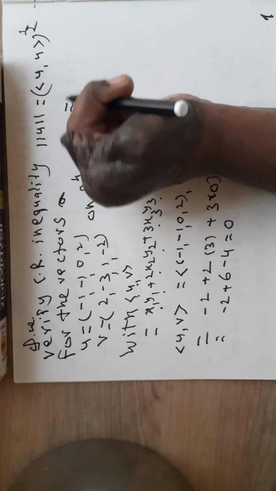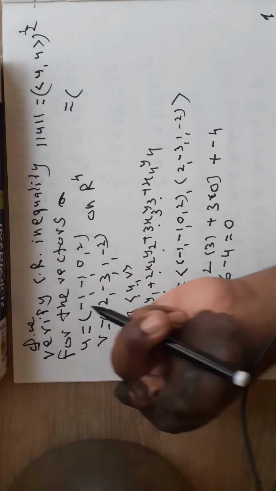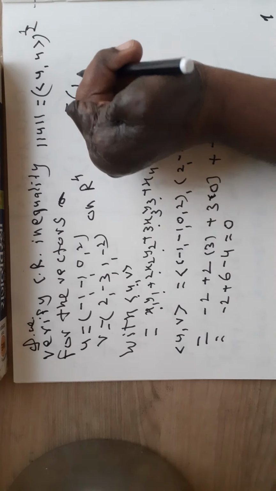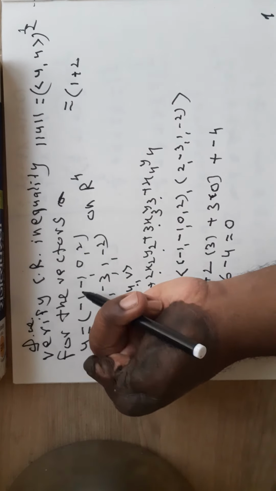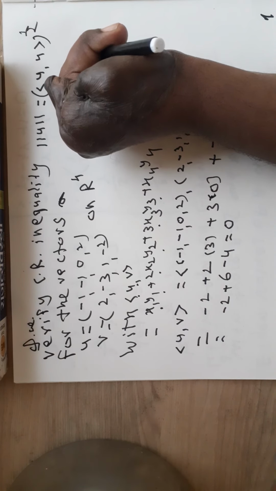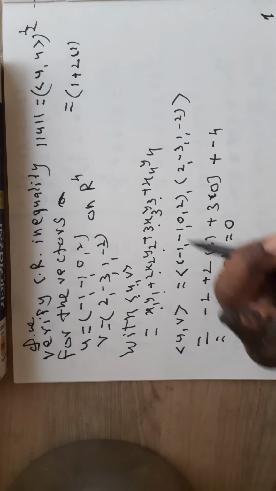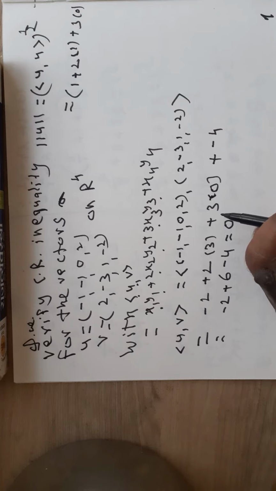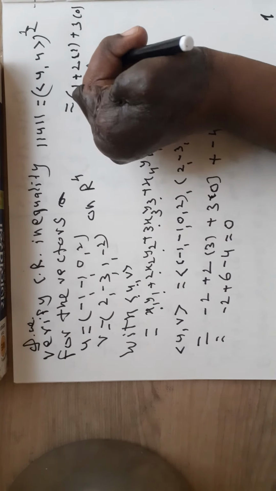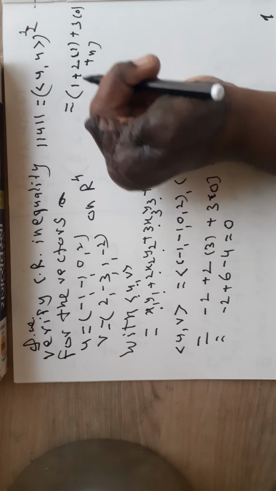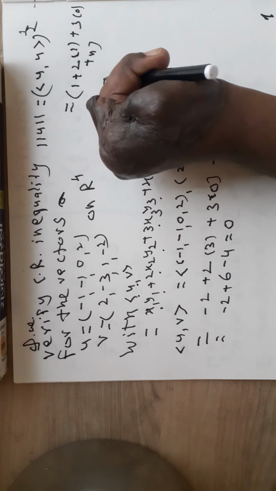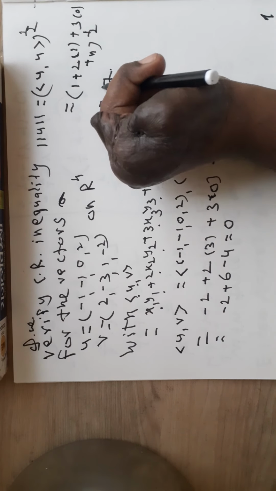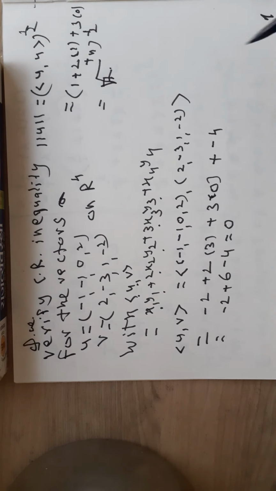Now the inner product of u with u: u is the vector (-1, -1, 0, 2), so it is (-1) into (-1), that is 1, plus 2 into (-1) into (-1), that is 2, plus 3 into 0, plus 4, which is equal to 7. Therefore the norm is equal to root 7. Therefore the norm of u is equal to root 7.